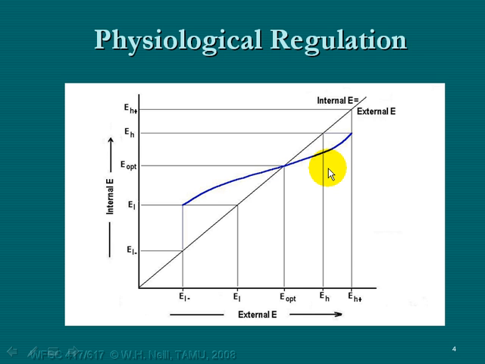We have to do some behavioral things if we want to really extend that range, like putting on some clothing on the low end particularly. And then at some extreme level of environmental value, the internal level fails, and breaks away to become the same as the environmental.